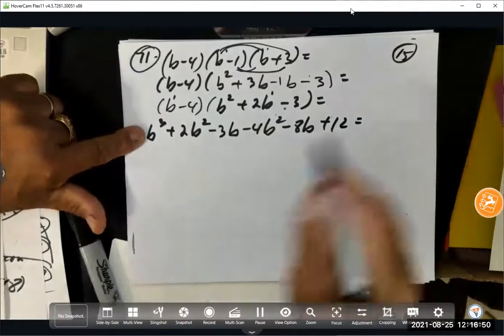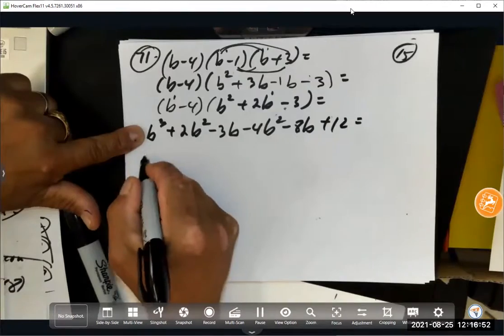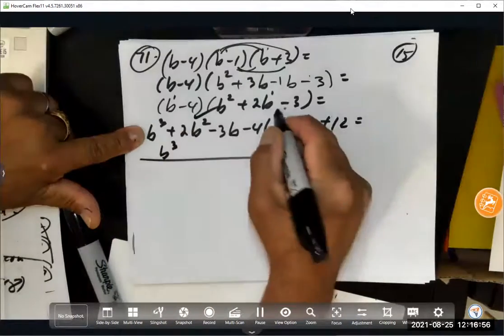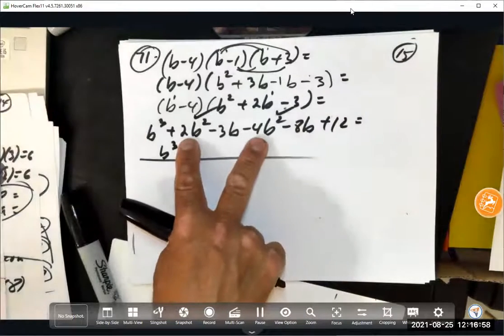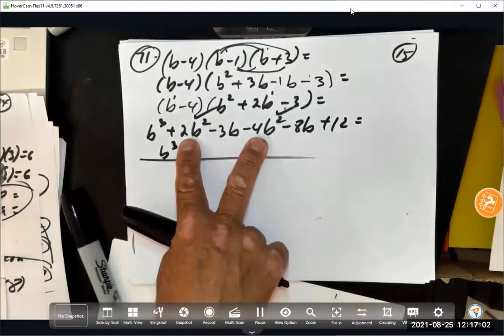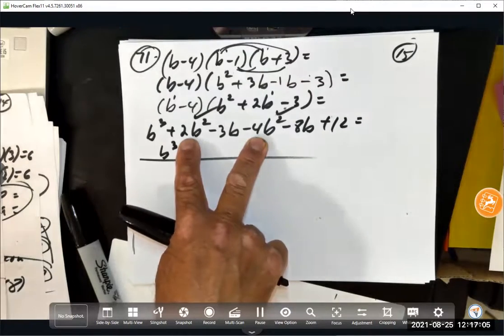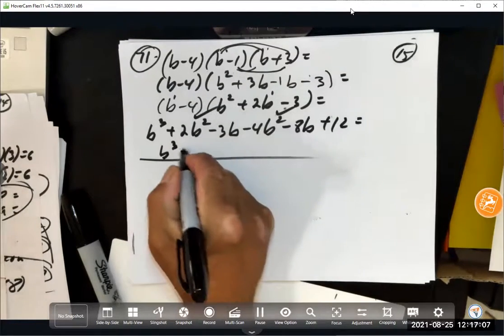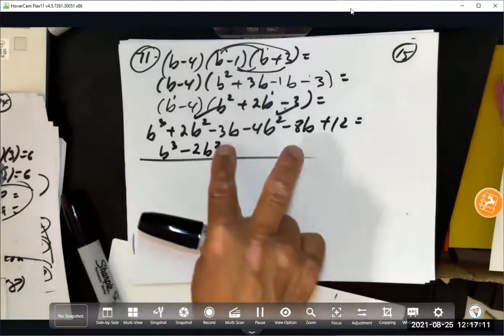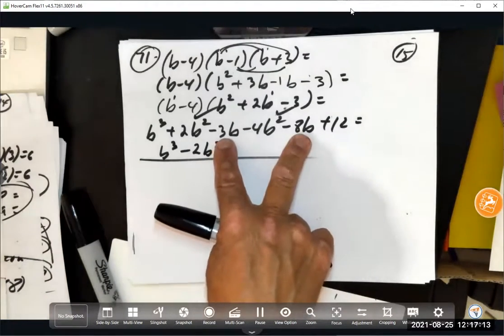I see a B cubed. Is that the only one? Yes. Copy it. And I have squares and I have squares. Can I put those two together right here? Yes. What's 2 minus 4? Minus 2B squared. All right. And what's a negative 3B and a negative 8B?